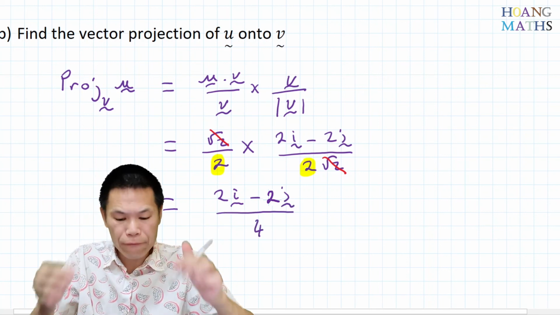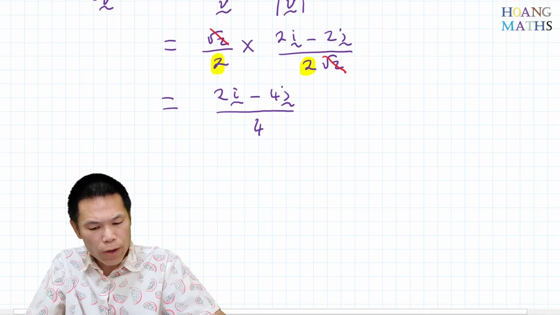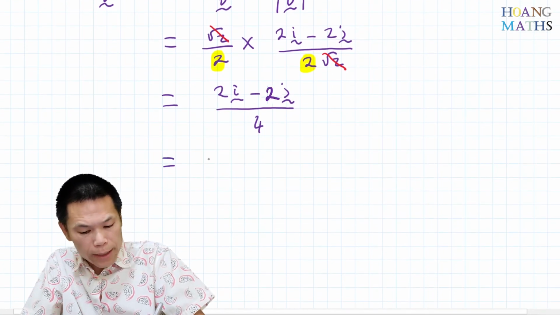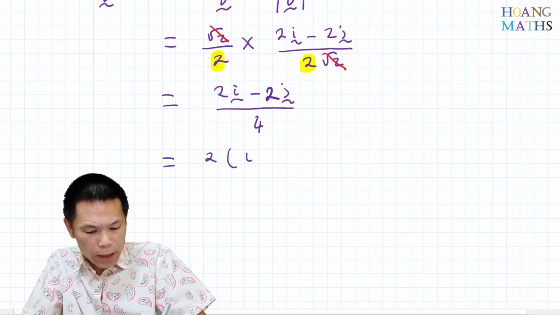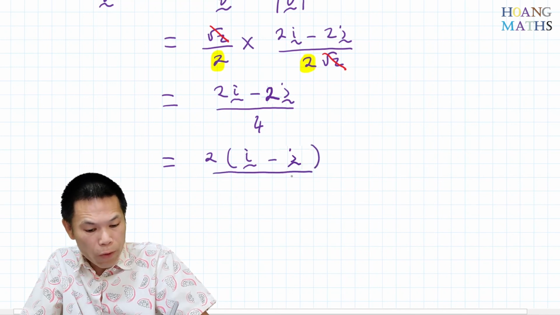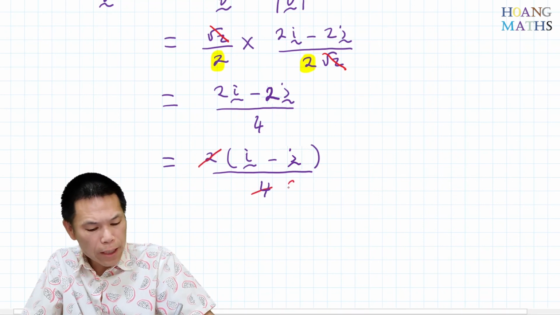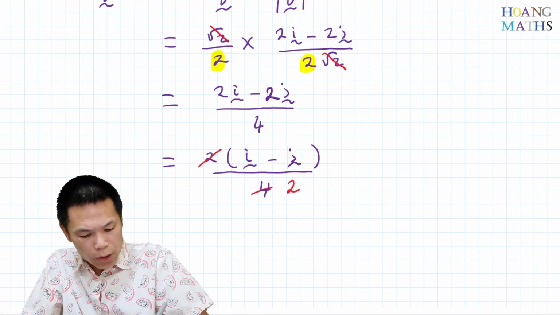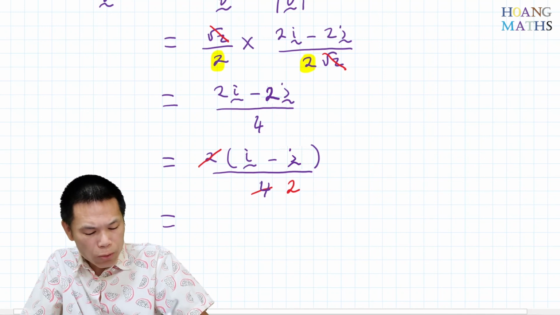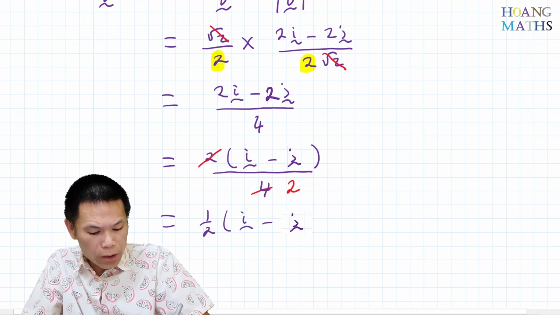I can factorize the numerator, taking the 2 out, which gives me 2 times i minus j over 4. This simplifies further, so this is equal to a half, i minus j.